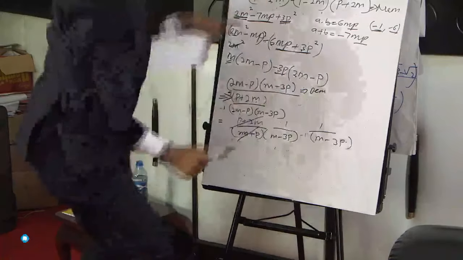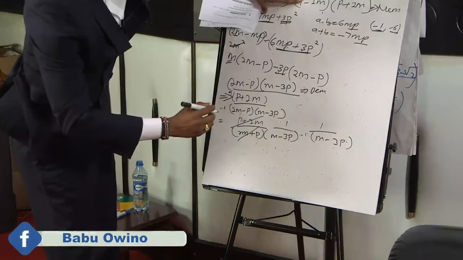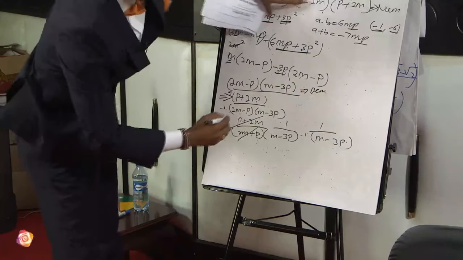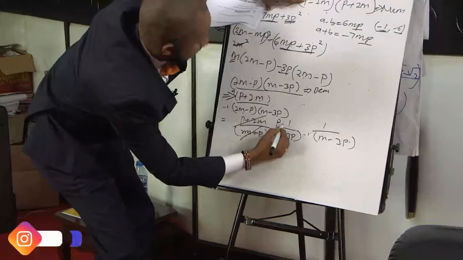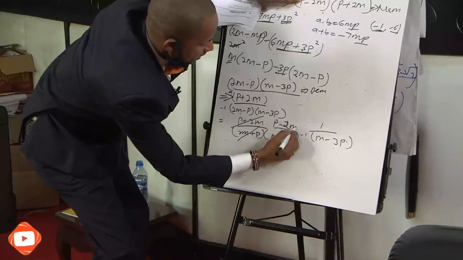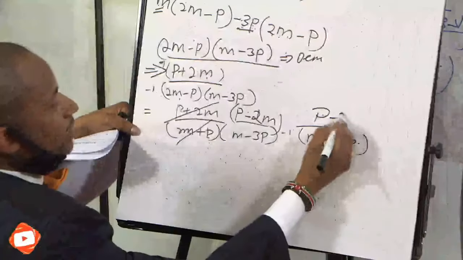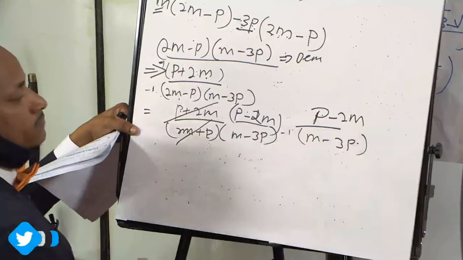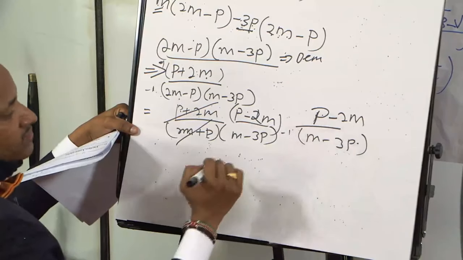This was a difference of 2 squares, sorry. That is why I was not seeing it coming out. So this is also p plus 2m, and then this is p minus 2m. Now that's okay. So here we have p minus 2m. So remember, we still have a negative.